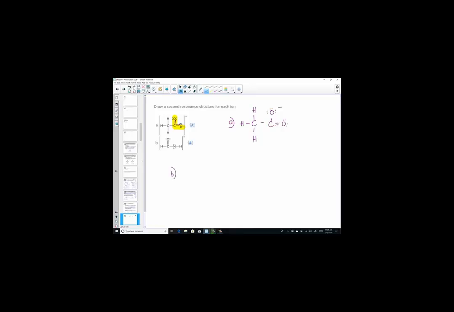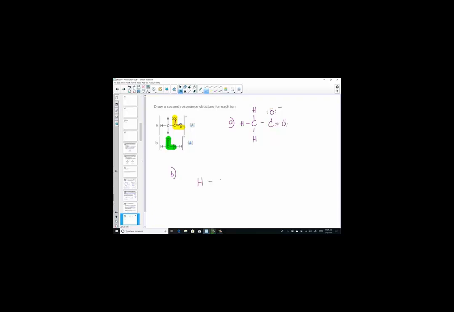Examine letter B. Notice if you bring your eyes to where you see the double bond, because resonance will always involve a double bond. We cannot form a double bond on hydrogen, but we can form a resonance structure with the nitrogen next door.